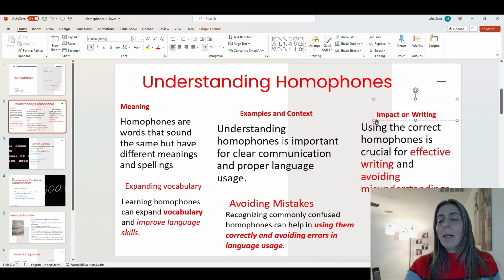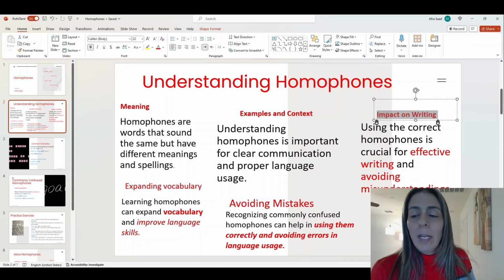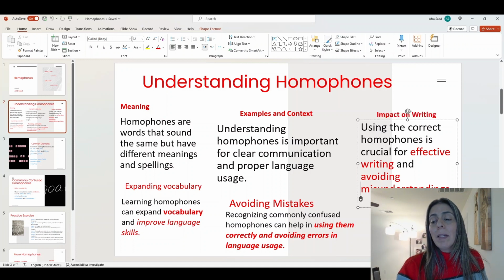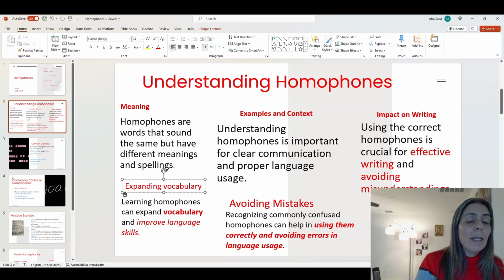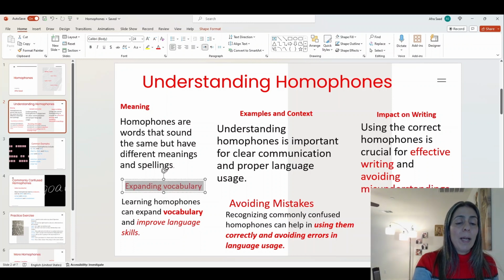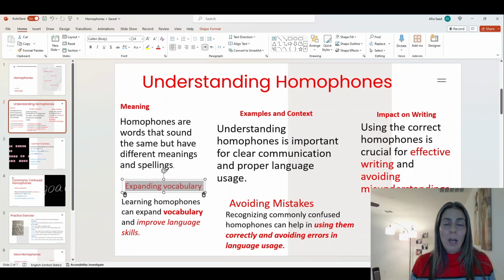Okay, what else? Impact on writing, because if we don't write well, our writing will be weak and people will not understand what we're writing, or like I told you, they're going to think that we don't know English because there will be a misunderstanding. So our writing will not be clear. All right. And we also learn homophones because this expands our vocabulary. You know what expands our vocabulary? It makes it a lot bigger.